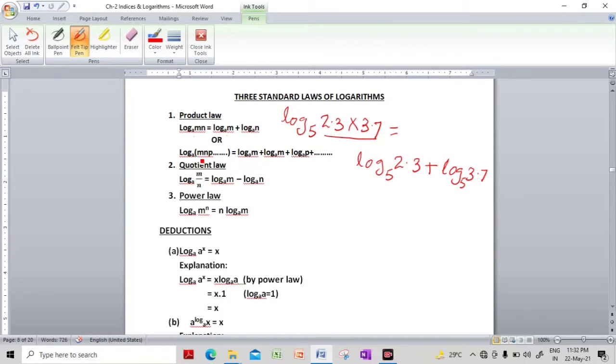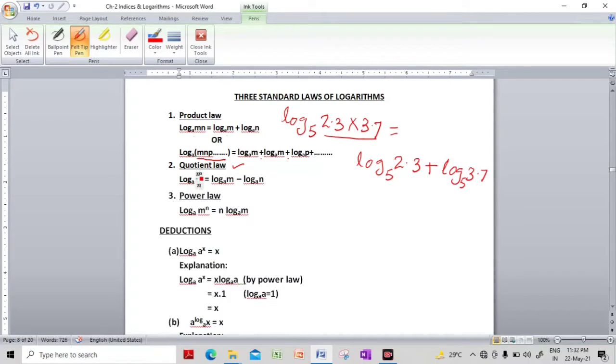And if we have multiple numbers in our multiplication, then we can solve this further by changing the multiplication sign into addition.